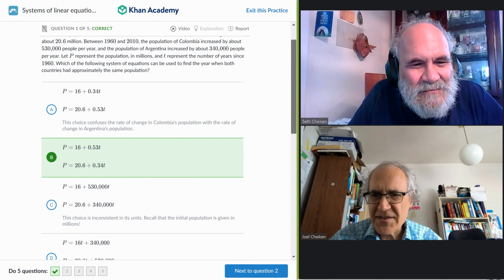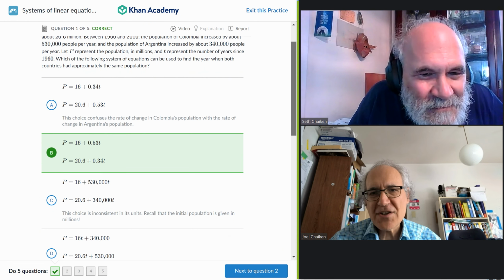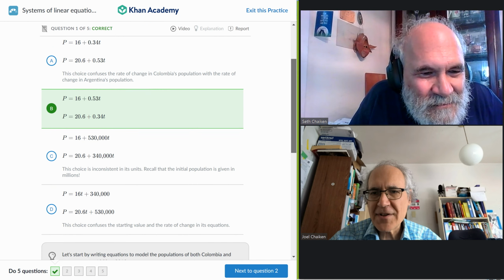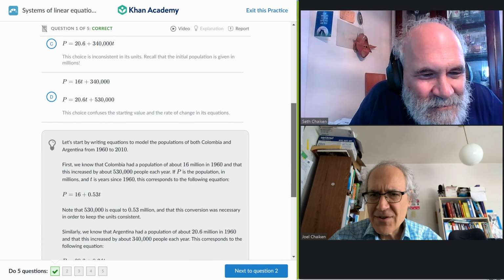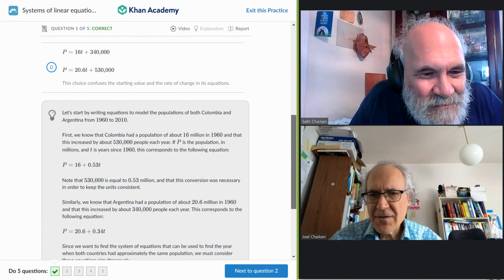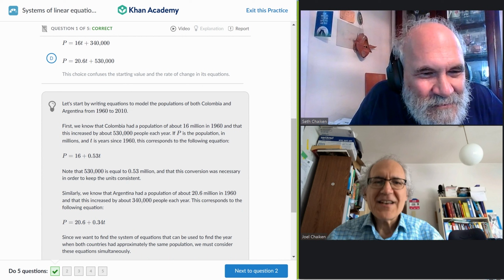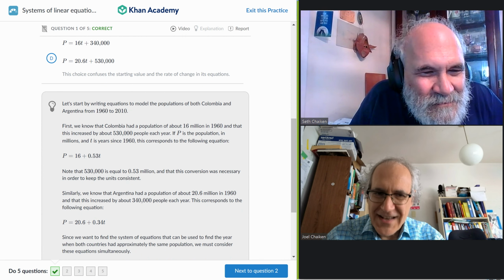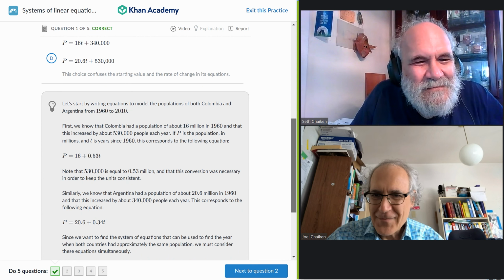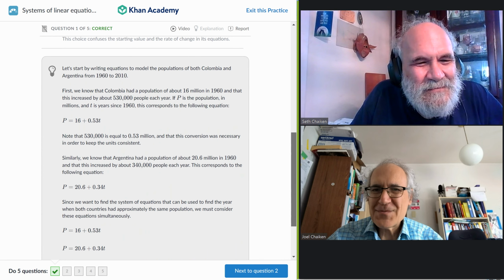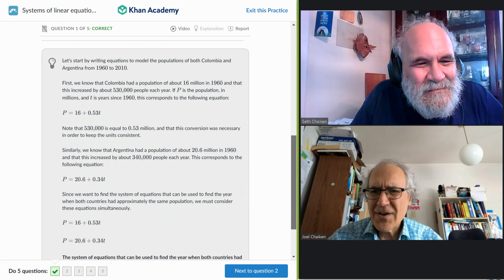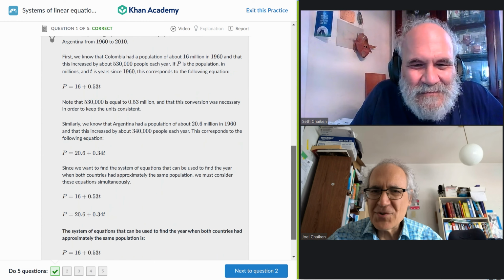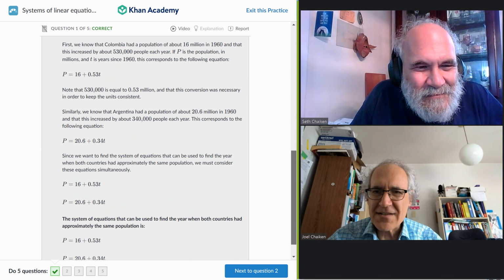This choice confuses the rate of change with the rate of change of the unchanged population. Okay, let's start by writing an equation to model the population of both Columbia. Wait, why don't they say, hey, get rid of answer C and D? I don't know. Whatever. They're doing it as if it wasn't a multiple choice test.